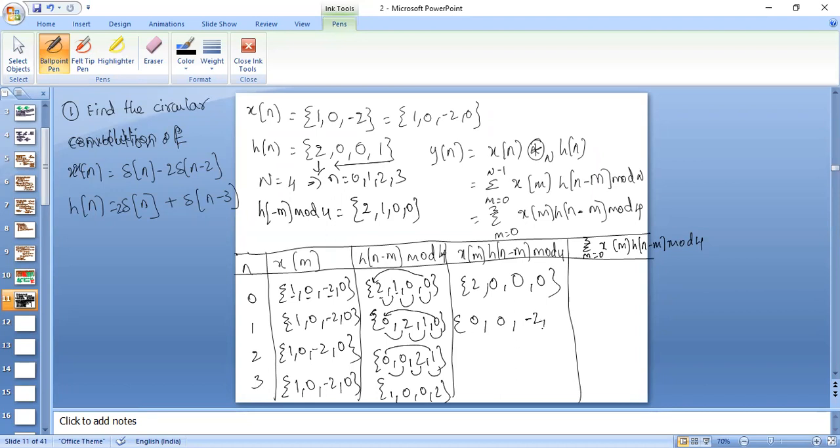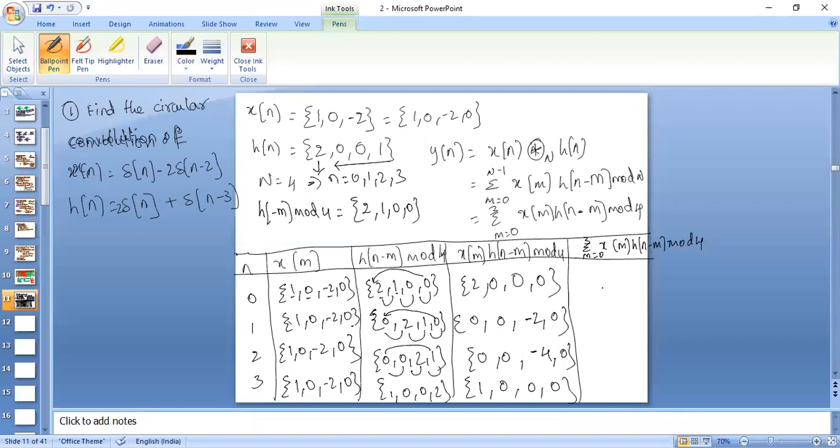Minus 2 into 1 is equal to minus 2. And 0 into 0 equals 0. And here it is 1 0 0 0 0 0. Minus 2 into 2 is minus 4. 0 into 1 is 0. Right? And here it is 1 0 0 0.